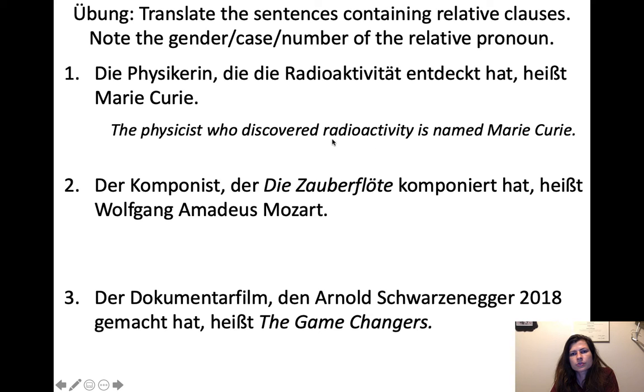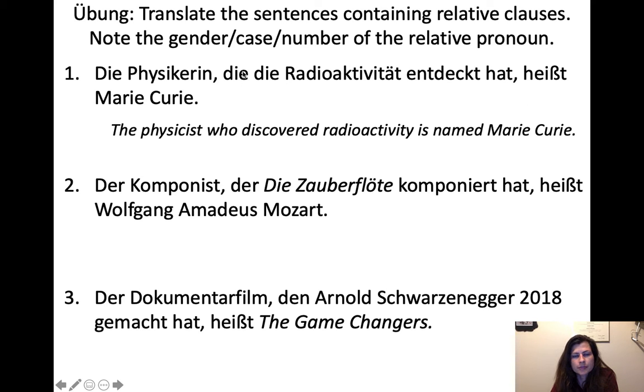In English we don't have an article there, but sometimes in German the article is used in cases where we wouldn't use it. So the physicist, and then die refers back to the physicist, and we want to say, okay, how does this relative clause even work? What is doing what? So you're going to say die, implying die Physikerin, hat die Radioaktivität entdeckt.